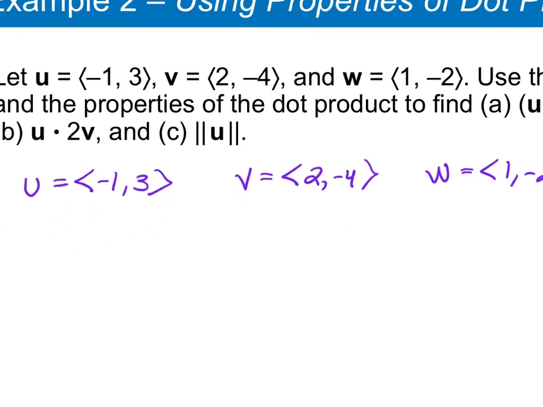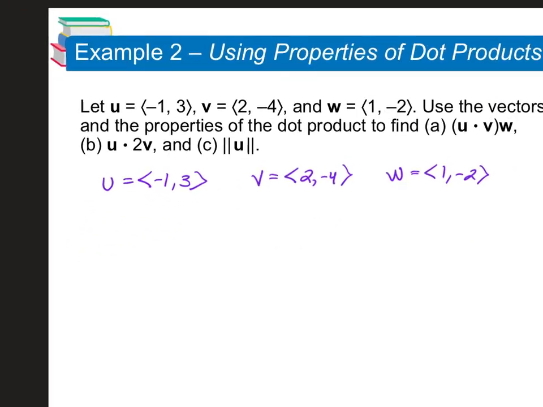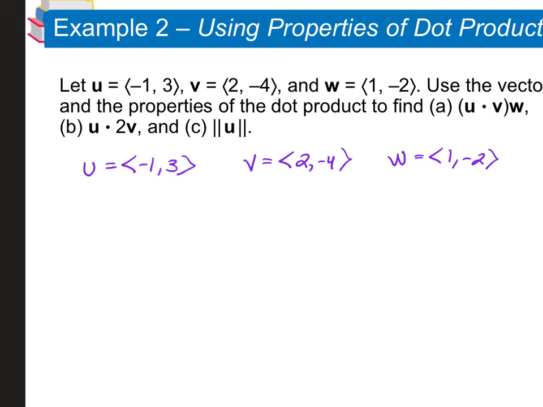Write it right at the top so you're not looking all over the place for different things, because this is really easy to make silly mistakes when you're not paying attention. Right? Letter A says U dot product of V, and then what do I do?